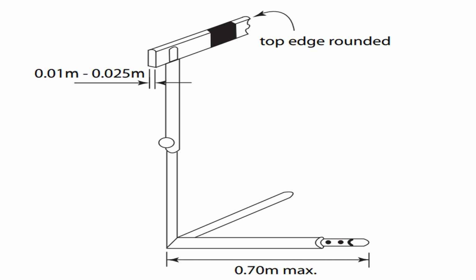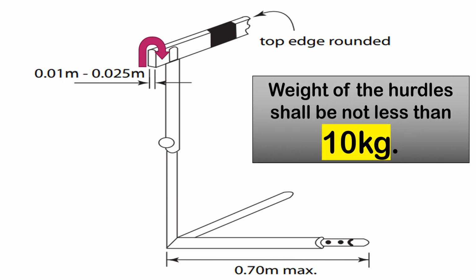That's why this upper part is made rounded, so that the athlete doesn't get any injury from this part. And the weight of the hurdles should not be less than 10 kg.